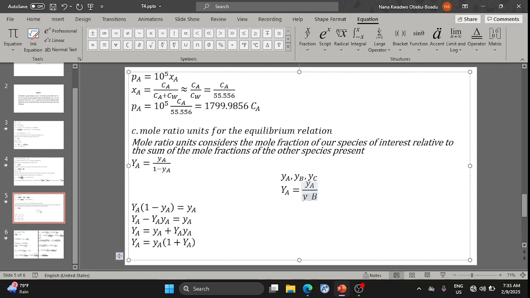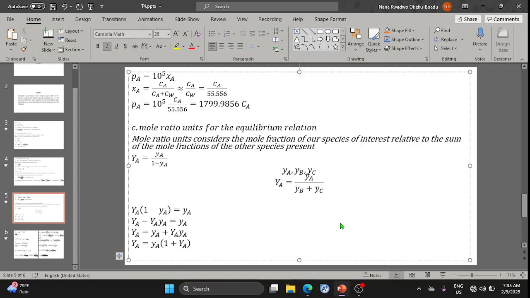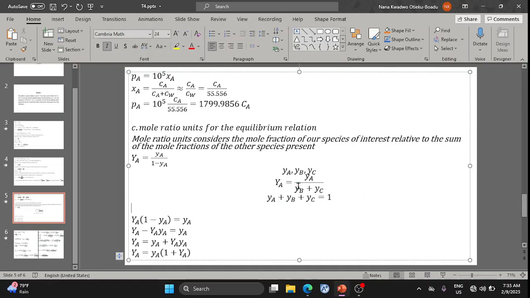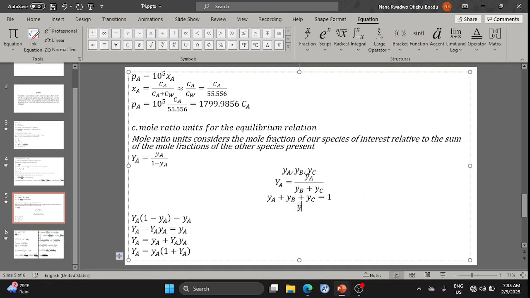So that is YB plus YC, right? So the sum of all the other mole fractions. But we also know that YA plus YB plus YC, if we add all the mole fractions, it should be equal to 1, right? So if I want to get just YB plus YC, then I can see that YB plus YC is equal to 1 minus YA. So that's why we are using 1 minus YA as a denominator here, right?